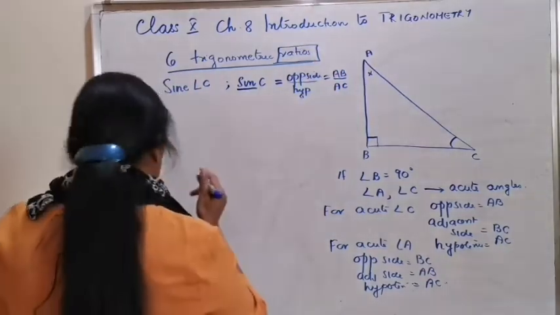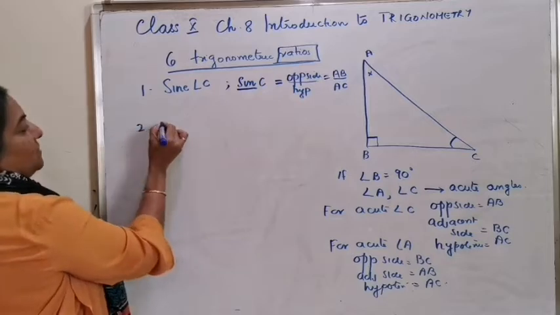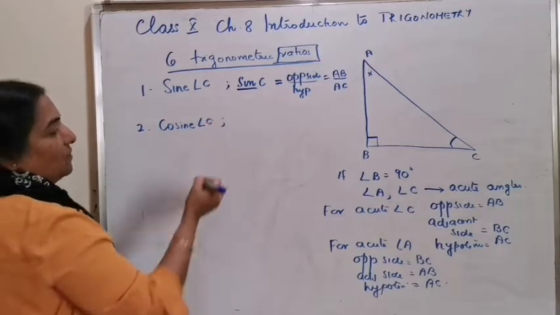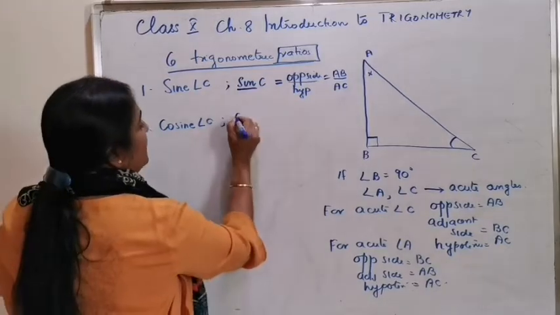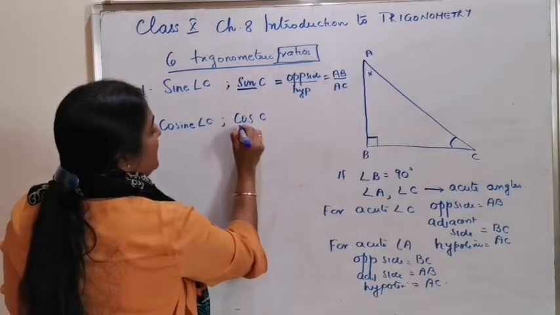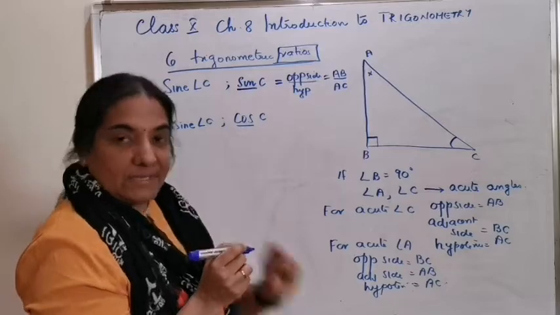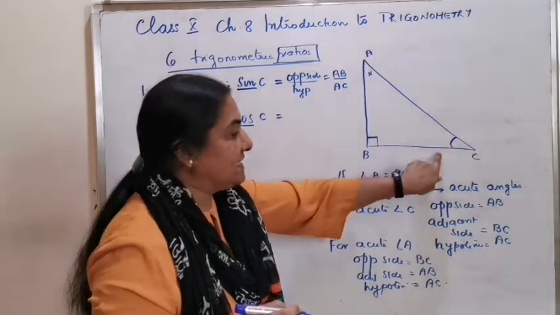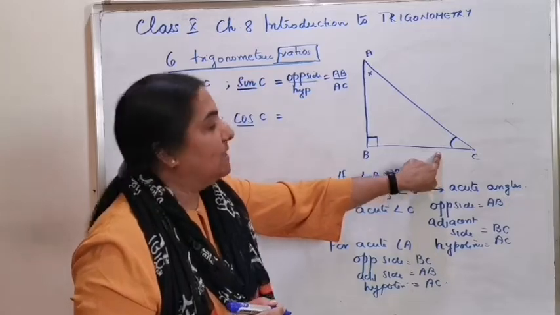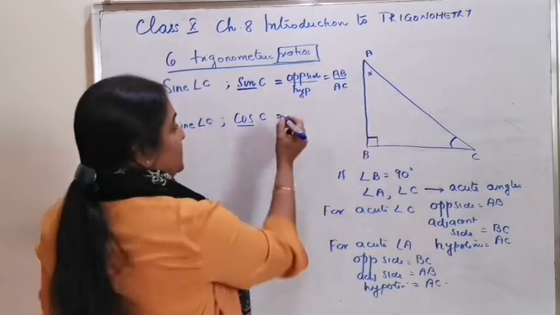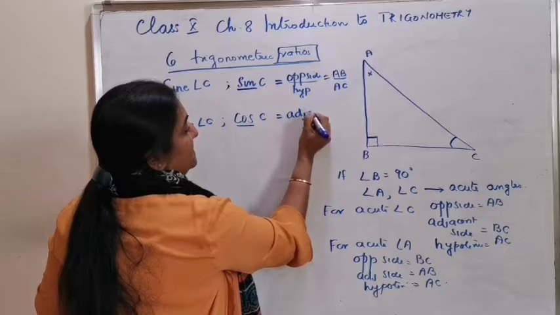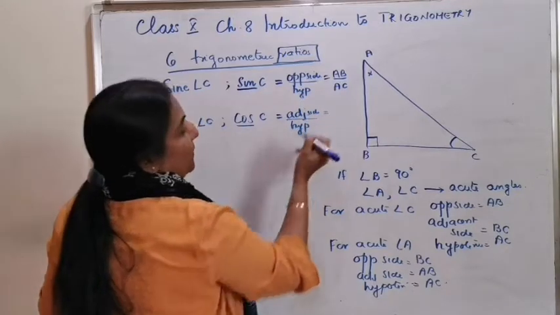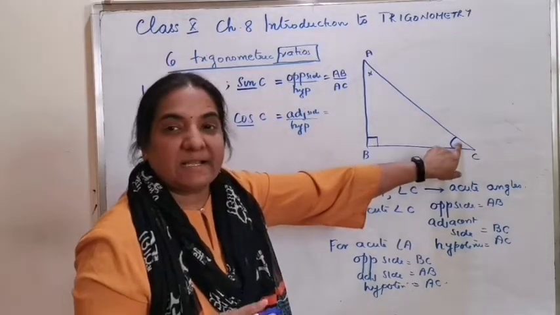The second ratio is called cosine of angle C, or the short form is cos C. It will tell you the adjacent side of angle C by hypotenuse. So the formula is adjacent side by hypotenuse. Which is the adjacent side for angle C?